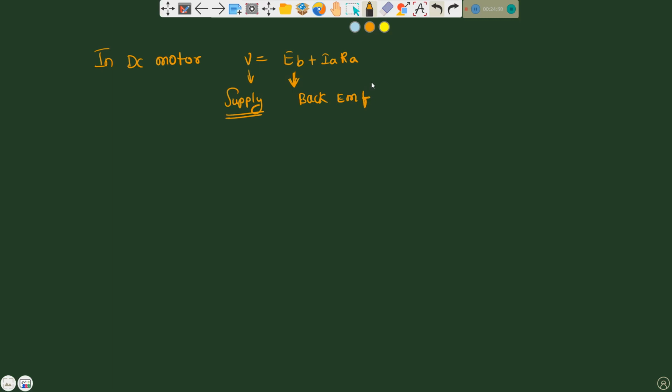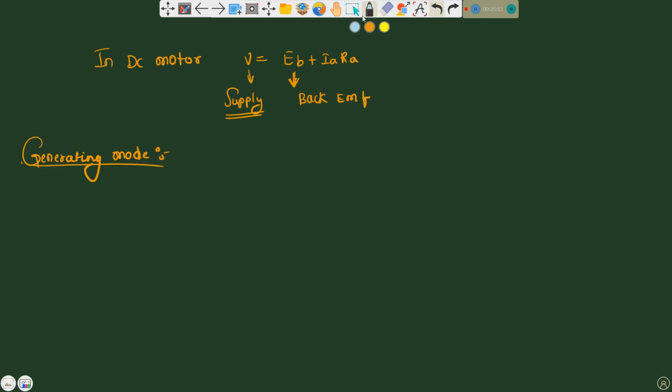So let us see the circuit model. Let us see first the generating mode. What is generating mode?